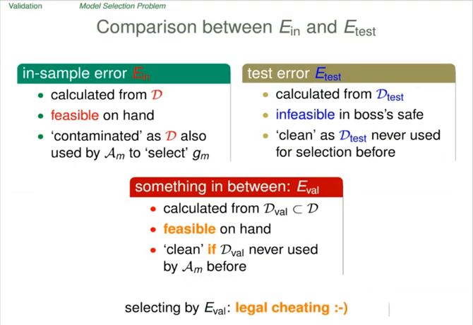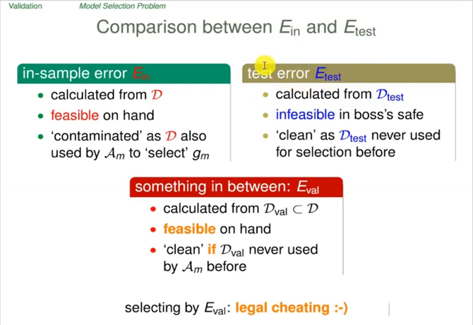If we compare the two above-mentioned approaches to model selection, one based on in-sample error and the other based on E-test error, we know that E-in can be calculated easily from the available data, which is feasible on one hand. However, the data is contaminated, as the same data is used during training and selecting the model. This in turn results in possible overfitting and a poor generalization problem.